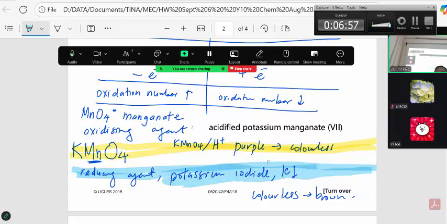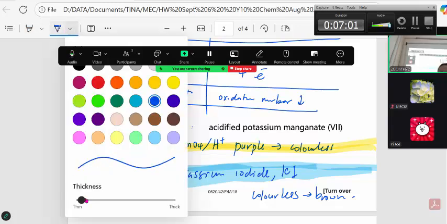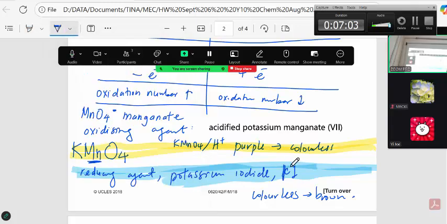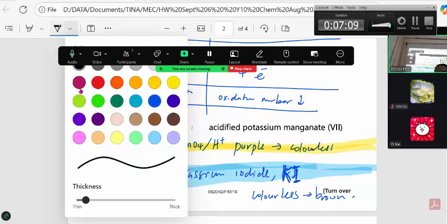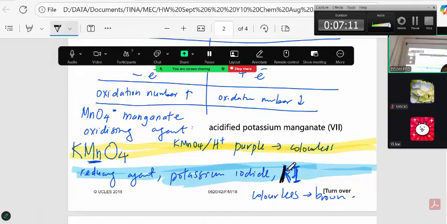KI, potassium iodide. Is my handwriting that bad? K I, because I write potassium iodide, you should know by now. All right, so how the iodide ion gives people electron is like this.